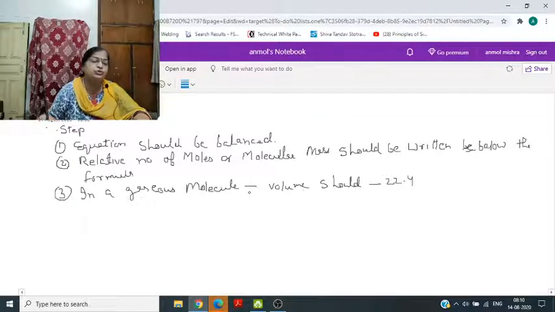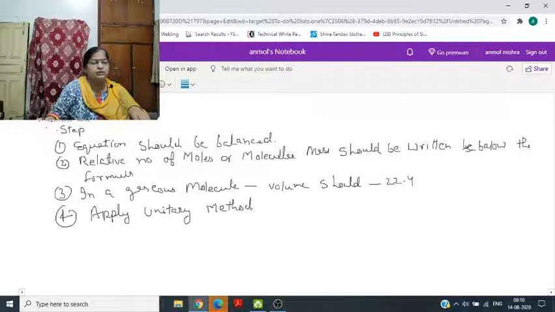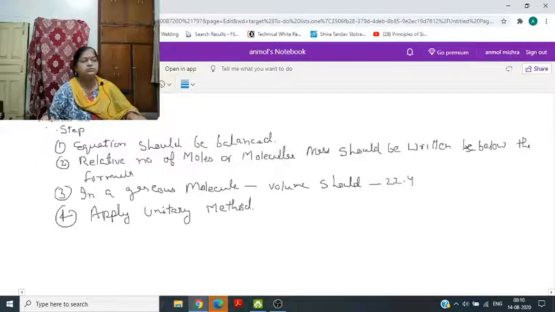If it is 2 moles, then 2 into 22.4 liters. And fourth step is to apply the unitary method. I will solve 2-3 numericals for it.